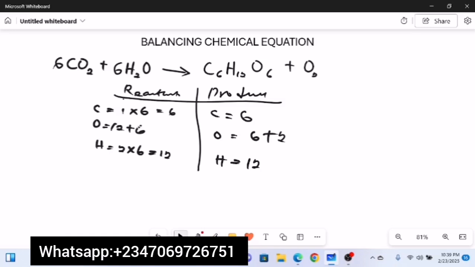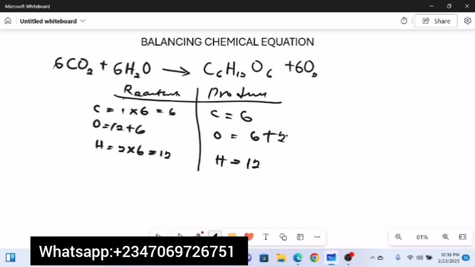Now you observe that this is now 12 plus 6. Since I have 6 already here, we need 12 moles of oxygen to make it balanced, to make it 18. So I have oxygen standing here. If I multiply this oxygen gas by 6, 6 times 2 gives us 12, and oxygen becomes balanced. So all I need to do is multiply here by 6.